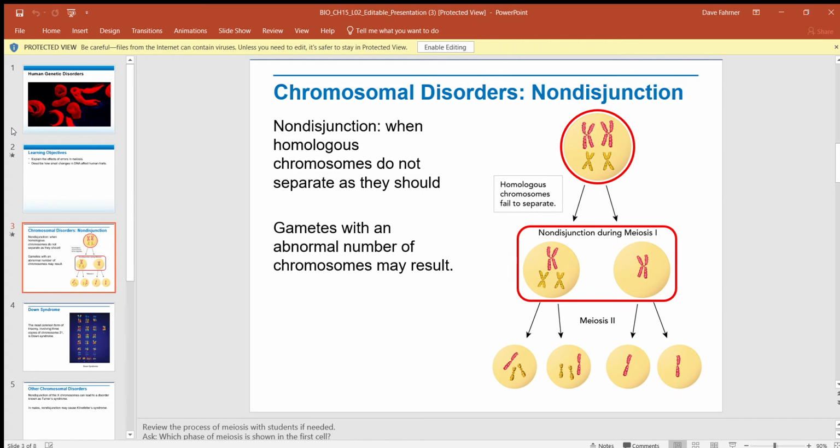This fluid will have sloughed off cells from the baby, and they analyze these cells and take them through karyotypes to see if there are any abnormalities, some missing chromosomes or extra chromosomes.